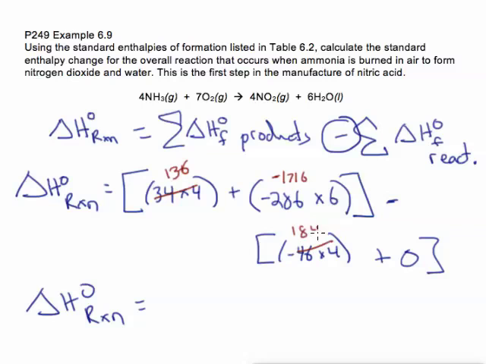We add these two together, we get negative 1580 minus negative 184, which ends up adding because it's a double negative. So our final standard enthalpy of formation is negative 1396 kilojoules.